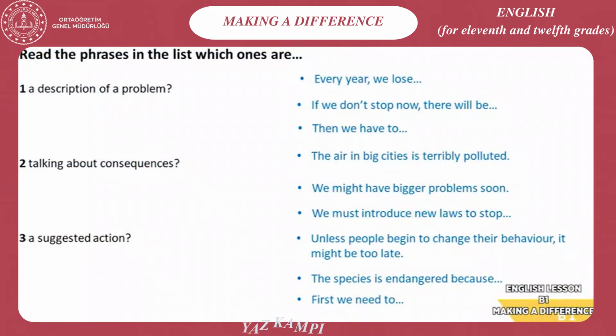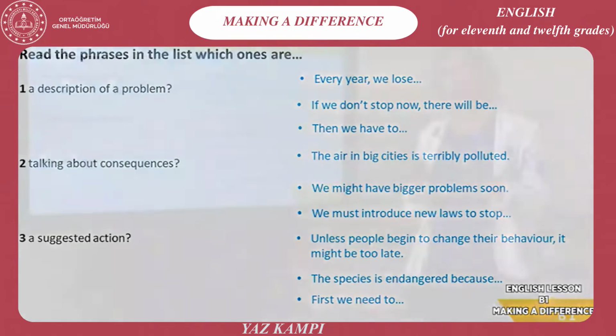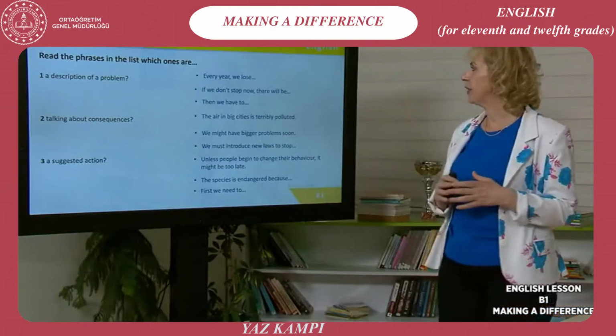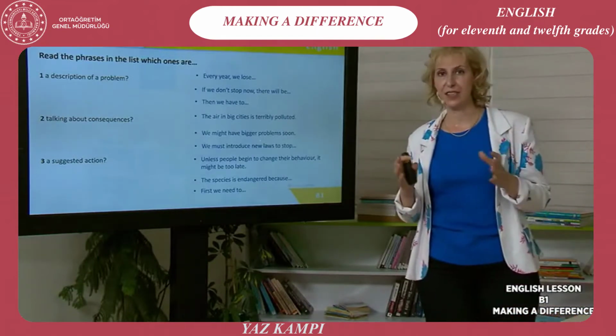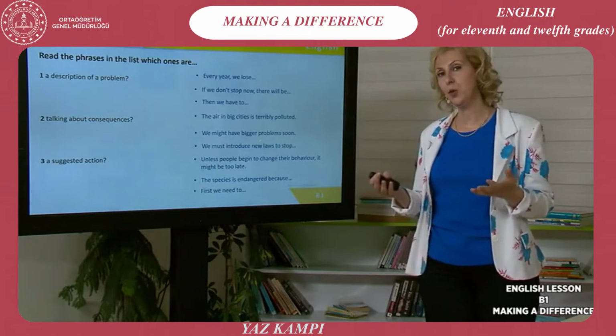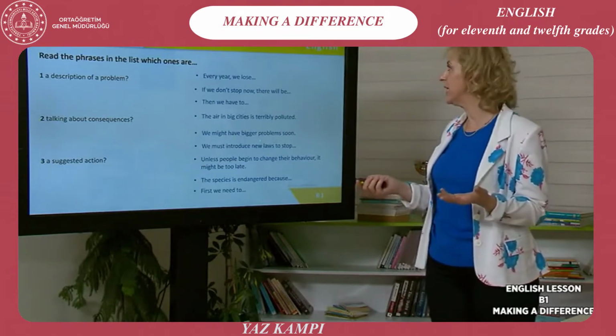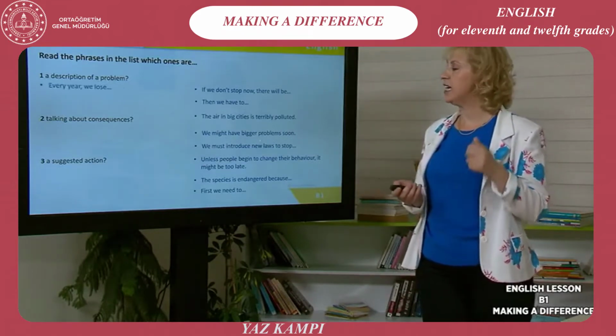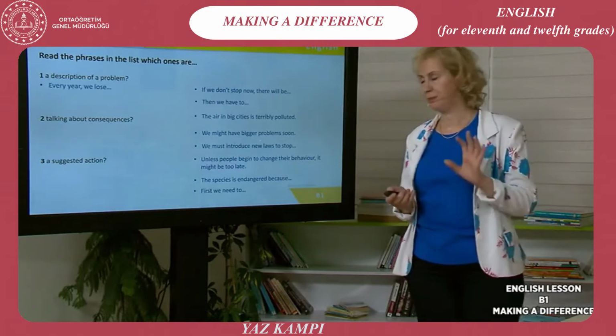Read the phrases in the list. Which ones are a description of a problem, talking about consequences, and a suggested action? We are going to group them. For example, if a sentence starts with "Every year we lose," what does it indicate? Yes, this is a description of the problem.